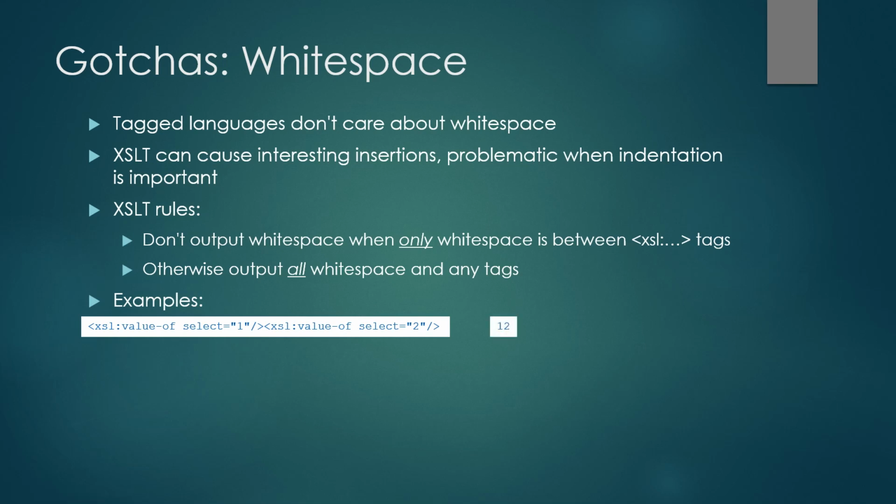The number 12, if you want to view it that way. We can mash that up a little bit and say, what happens if I put them on two different lines? And the result when you compile this is the same. Why? Because XSL followed by XSL with this new line in between, the new line gets stripped away.